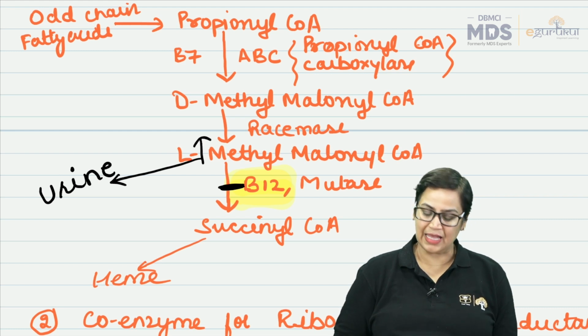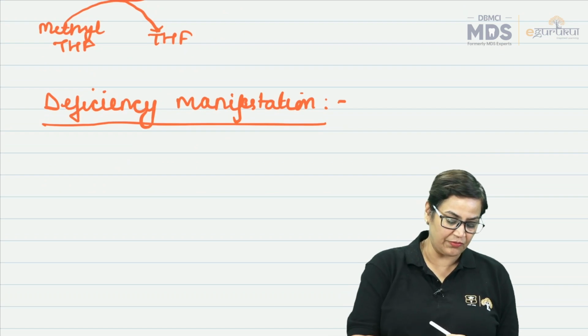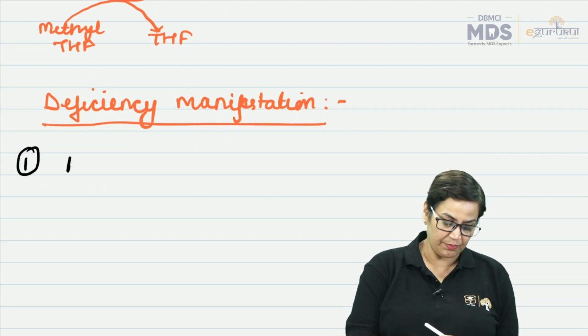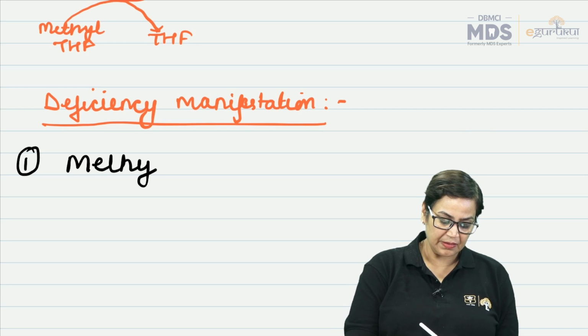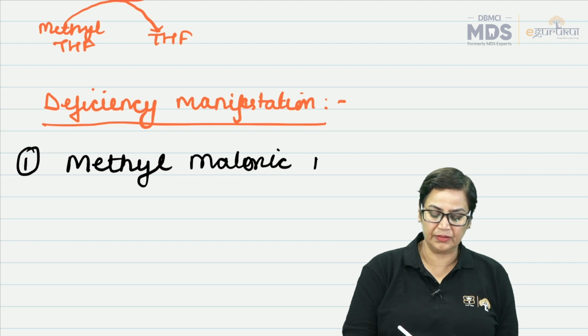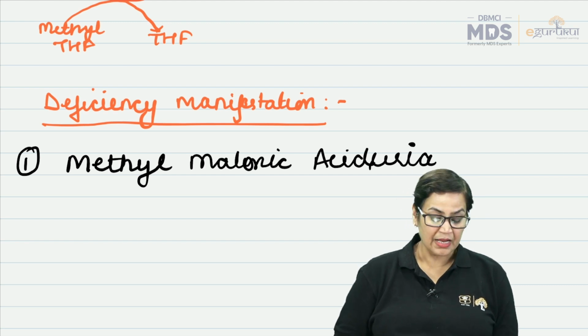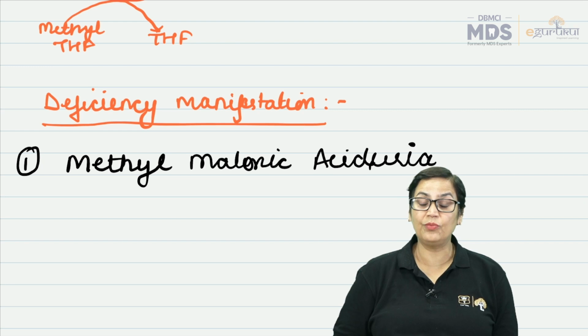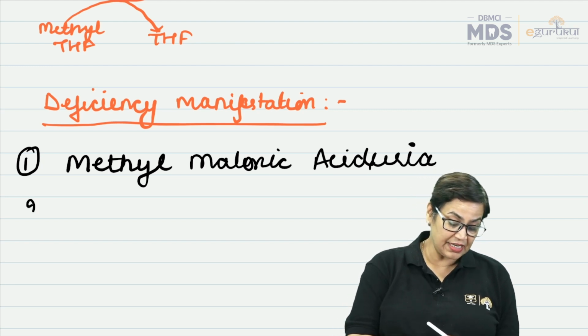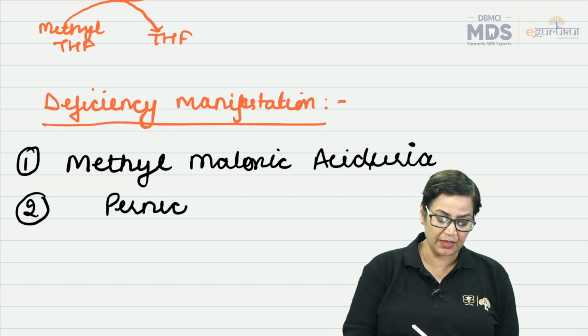So we can say that deficiency of B12 leads to methylmalonic aciduria. Very important. Deficiency leads to methylmalonic aciduria. Then deficiency of again B12 leads to pernicious anemia.